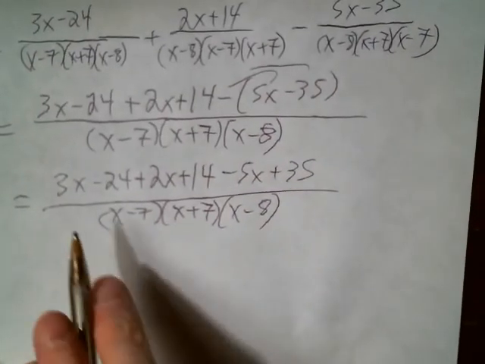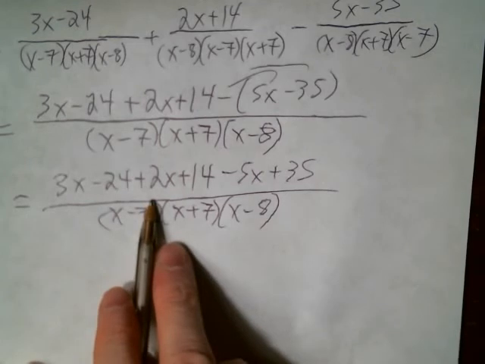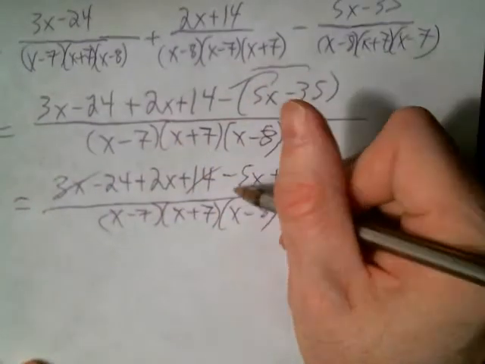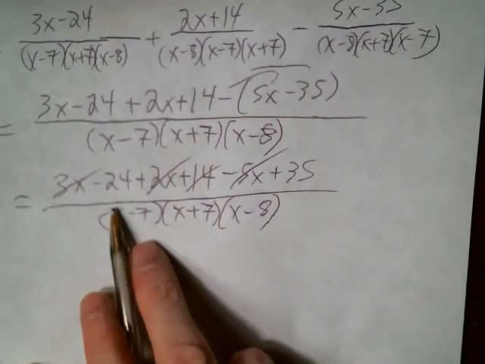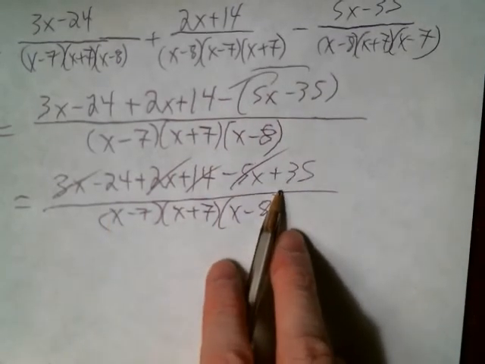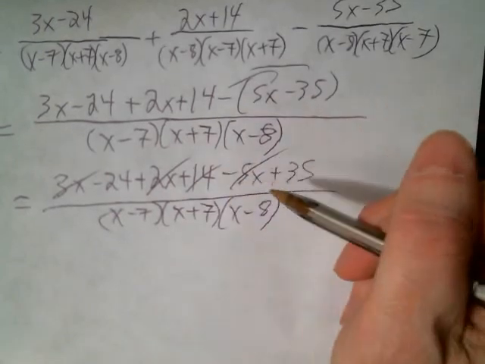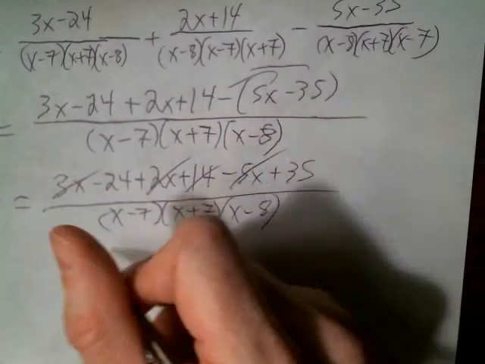And combine like terms. So 3x plus 2x is 5x's. Minus 5x's is 0. Oops, crossed out the wrong one. Negative 24 plus 35 is 11. 11 plus 24 is 35.